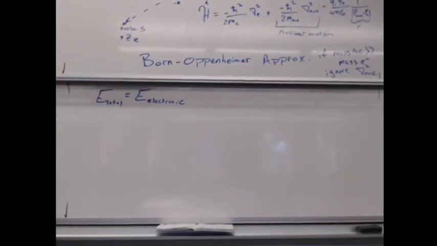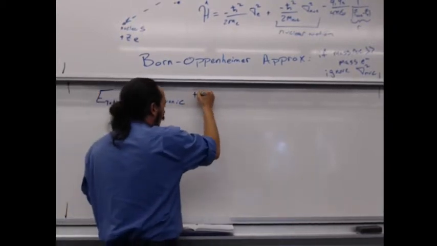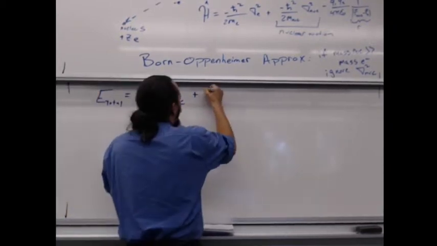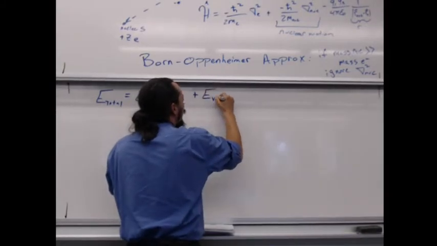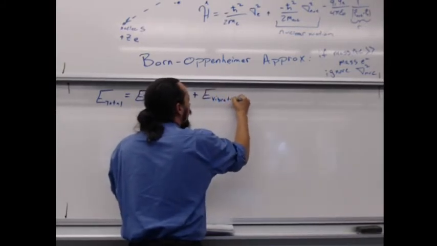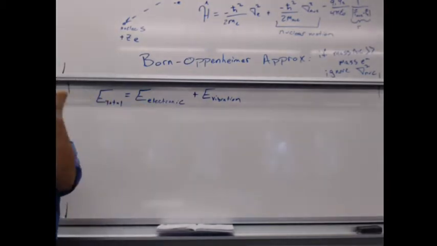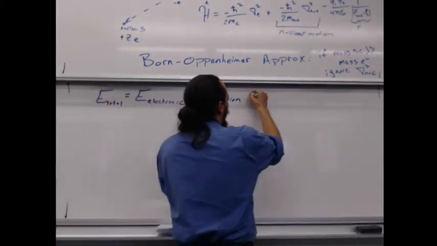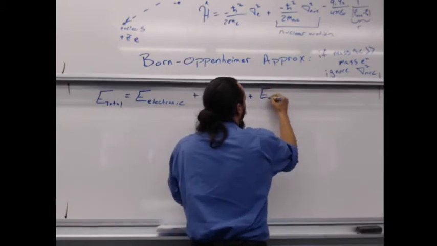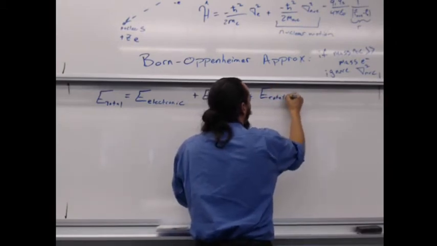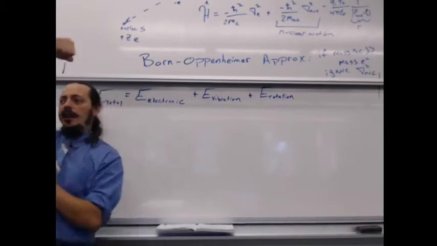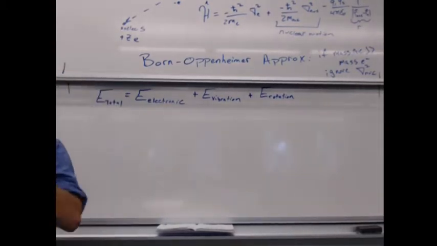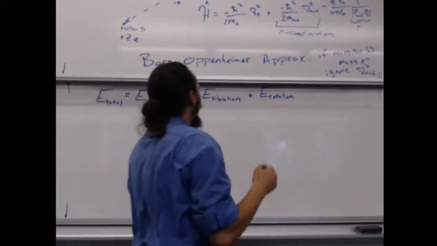That's just assuming the nucleus isn't moving, just looking at the electronic part. Plus the energy associated with vibrational motion. That would say the nuclei are moving a little bit. They have some slight displacement. Plus the energy associated with rotation. That would say the nuclei are actually moving a lot. They're spinning through three-dimensional space while they're also vibrating.